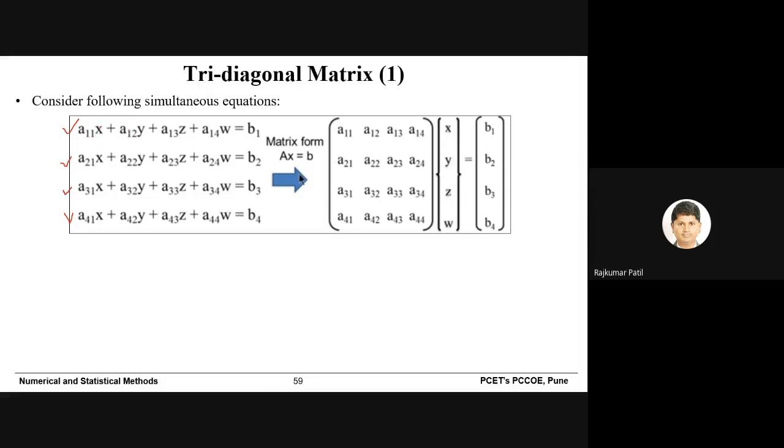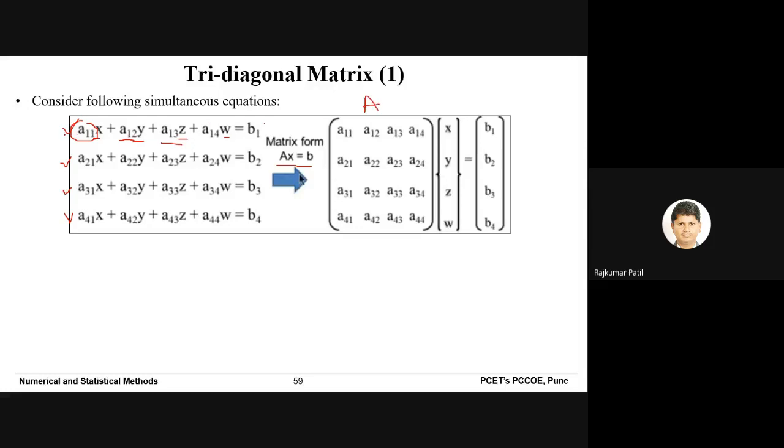So x, y, z and w are the 4 unknowns, and we need to solve these 4 equations to get these unknown values. The coefficients are denoted as a11, a12, a13 and so on. These equations can be written in matrix form, that is Ax equal to B, where A is the coefficient matrix.